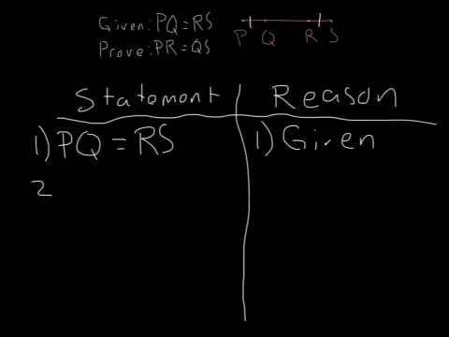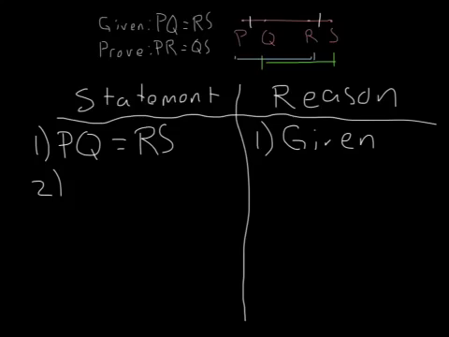For my second step here, I did notice that they wanted us to prove PR was equal to QS. Now I noticed that they had this little common ground here, which is QR. Since QR is in common between them, I might try to make it so QR is involved in both of them.